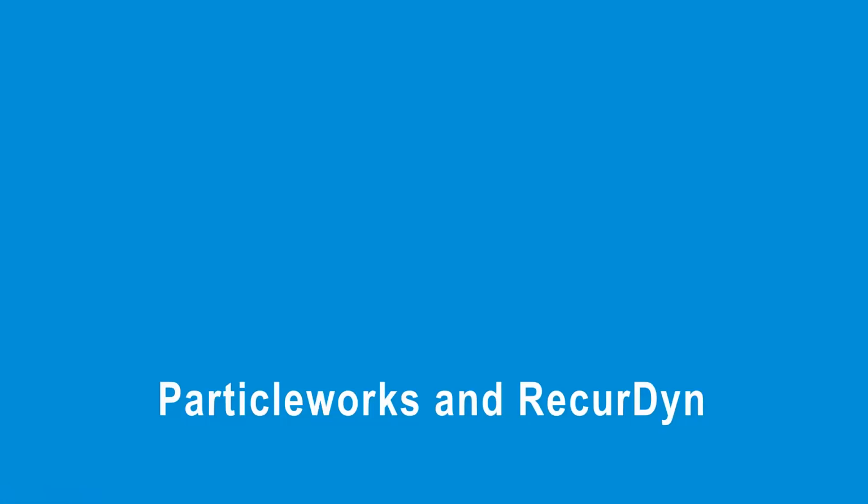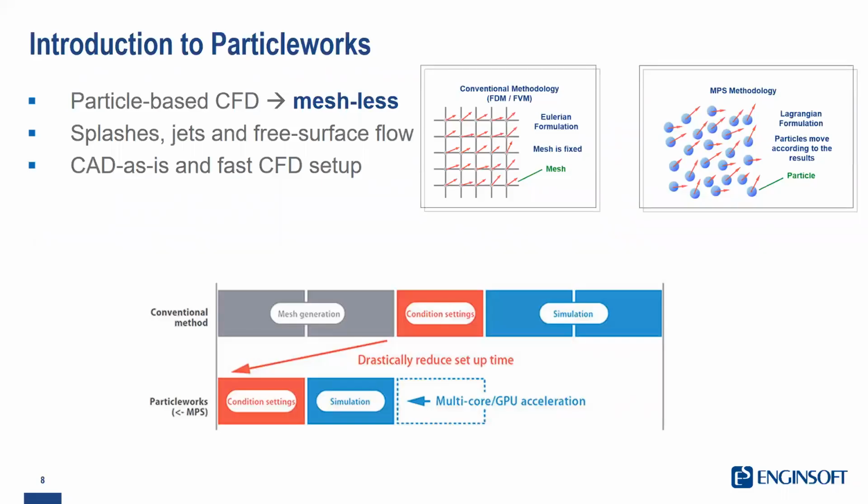So let's understand a little bit more about the software before going into the details and the results. Particleworks is a meshless CFD tool to analyze the fluid dynamics of the system, but with a Lagrangian type of formulation.